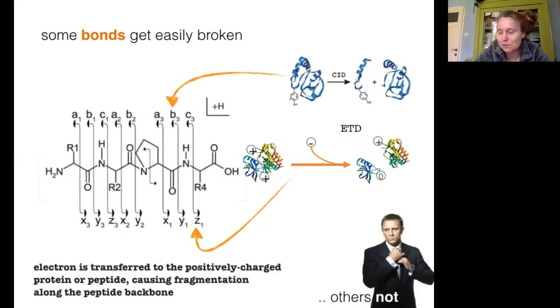It's induced intentionally to cut molecules into smaller parts. It's always nice to have smaller parts. It's easier to identify such parts, and it's easier to quantify them.